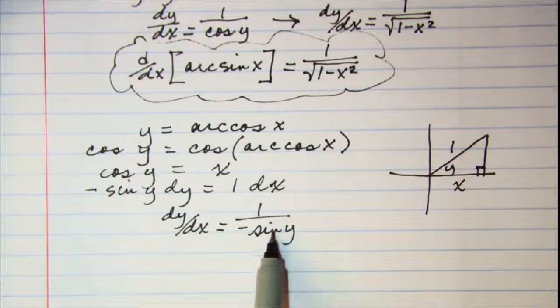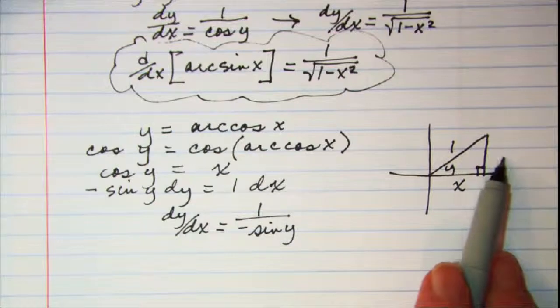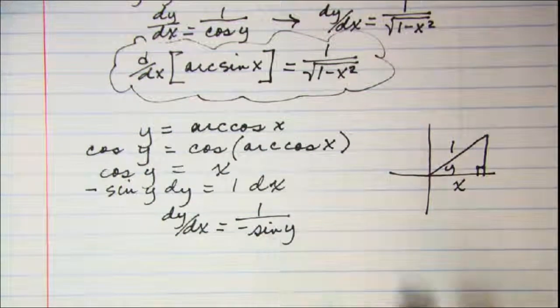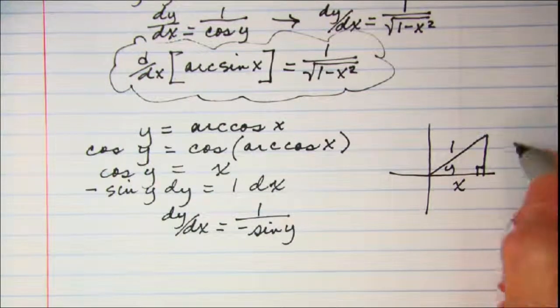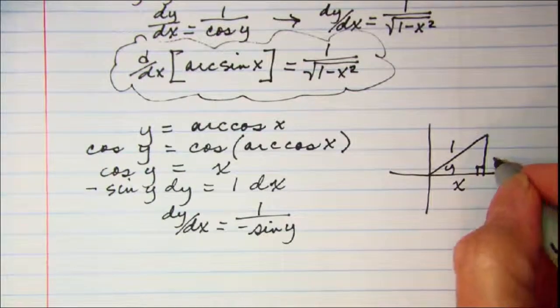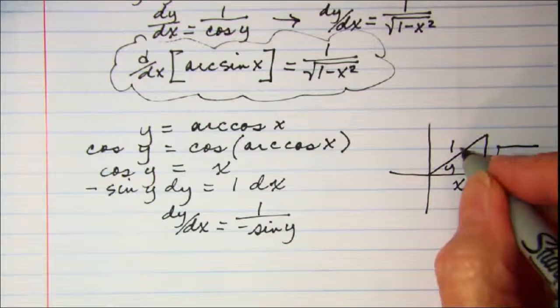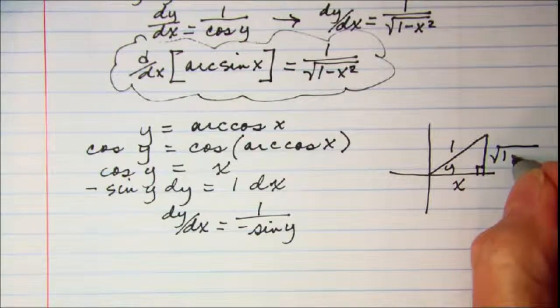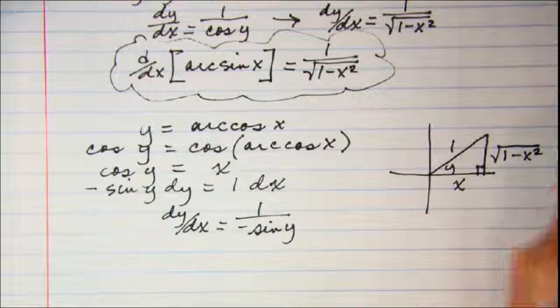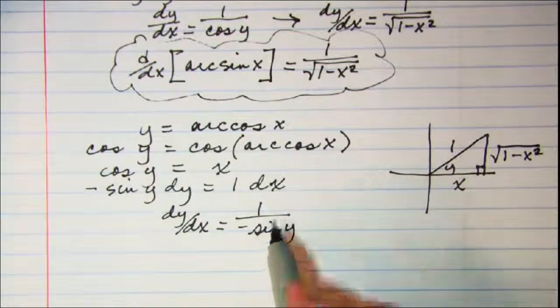So then we again need to find this side so that we can get our sine of y, and this side is going to be the square root of 1 squared minus x squared. So now we can make our substitution here.